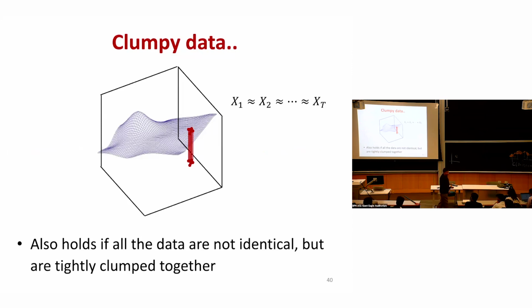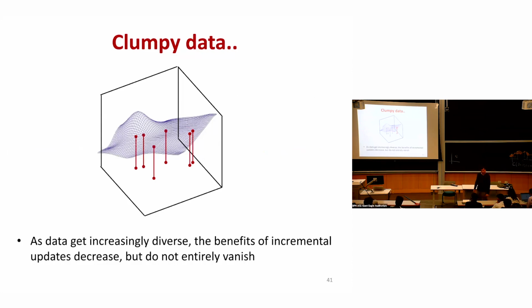So as I make them more and more diverse, the benefit you get from just incrementally adjusting parameters is going to decrease. And at some point, it's probably going to vanish when the data points are sufficiently random. But still, you get some benefits, and some benefits in terms of computational ease. So that makes sense to everybody?